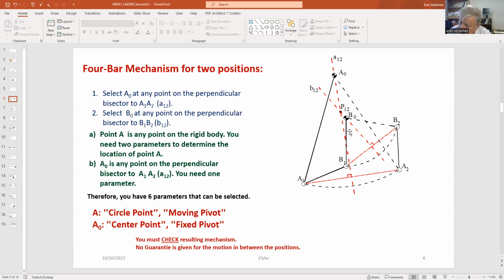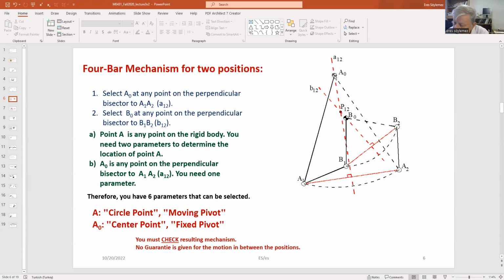Or I can select the crank length A1, A0. Once I select this crank length, I draw a circle. The intersection of that circle with this perpendicular bisector will give me A0.